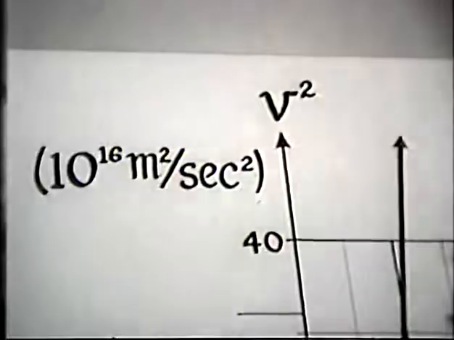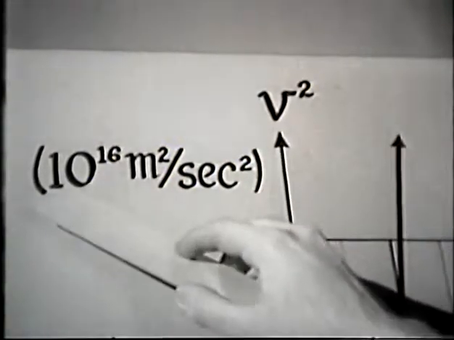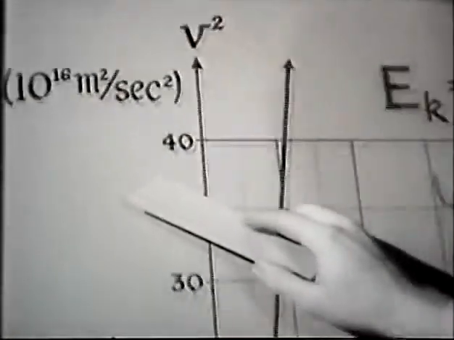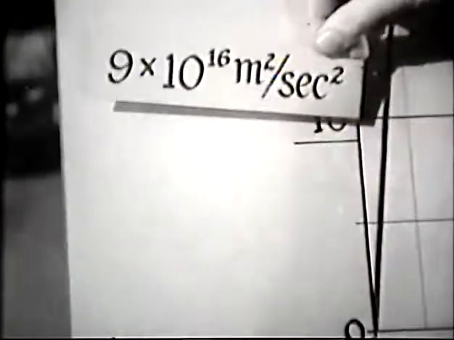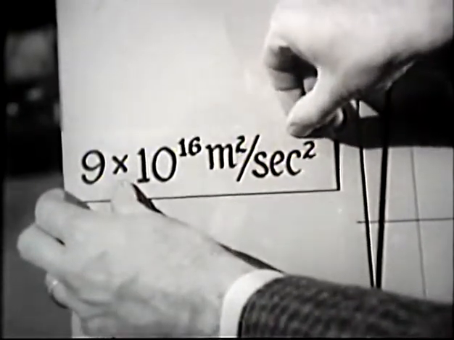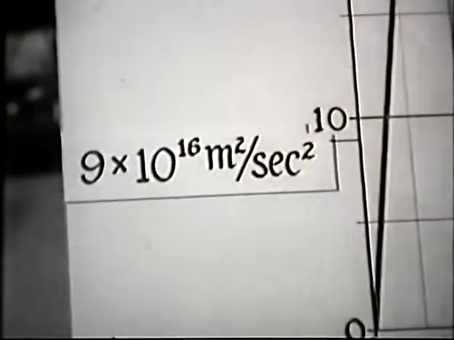The vertical axis represents the speed squared in units of 10 to the 16th meters squared per second squared. The square of the speed of light, for example, is here: 9 times 10 to the 16th meters squared per second squared.